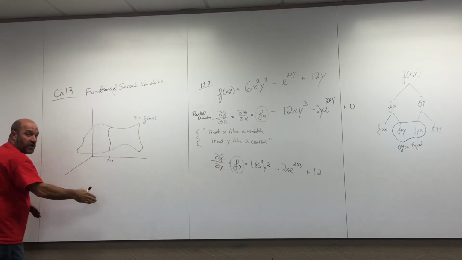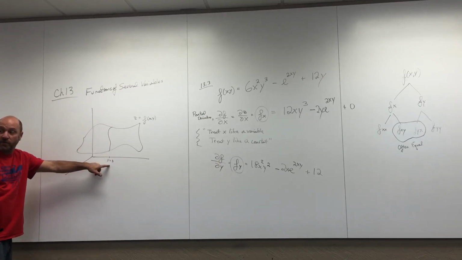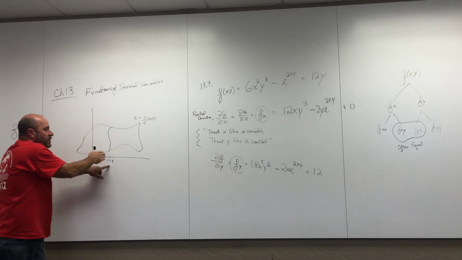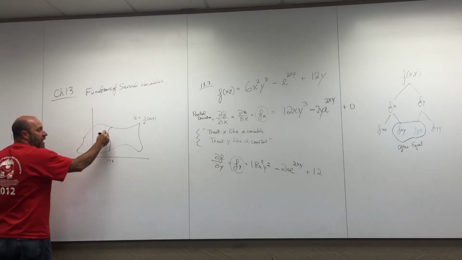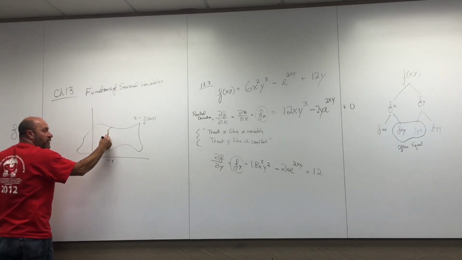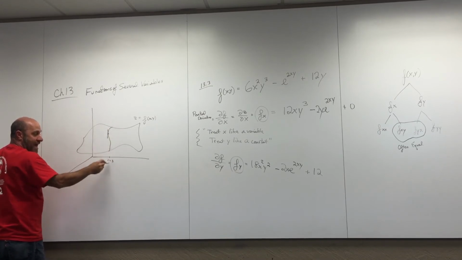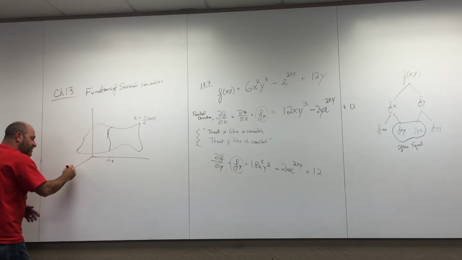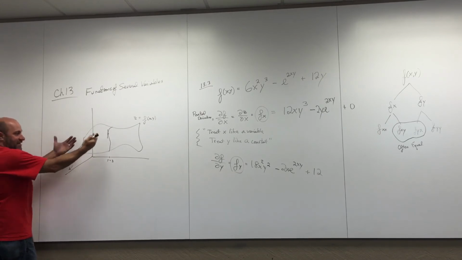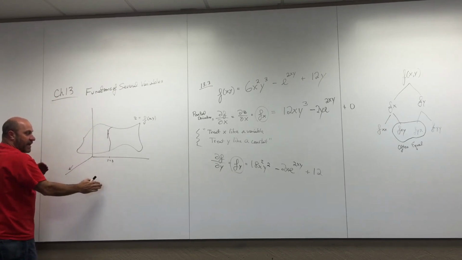When I find the slope in this direction, it is the slope of the tangent line in the direction of the x-axis. It's hard to see, but I cut it there.